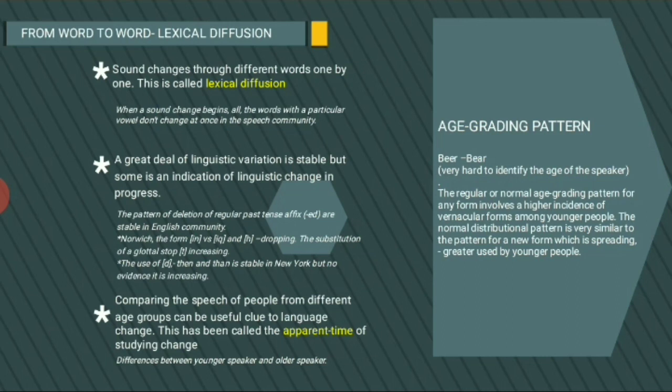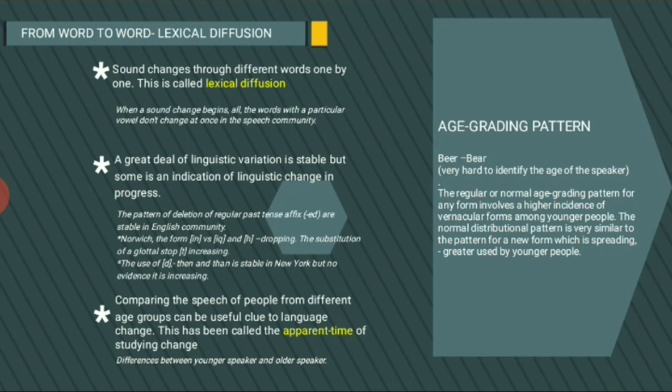The regular or normal age grading pattern for any form involves a higher incidence of vernacular forms among younger people. The normal distributional pattern is very similar to the pattern for a new form which is spreading, with greater use by younger people. So we can't identify the age grading pattern by how the younger people use the language. Like what I have mentioned before, they can't classify the language correctly and directly.